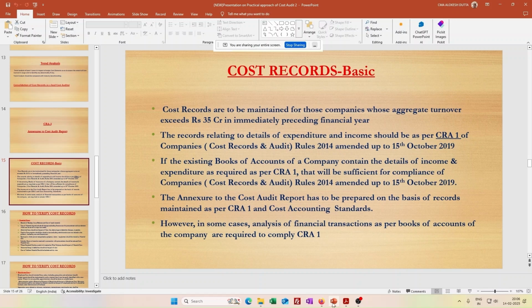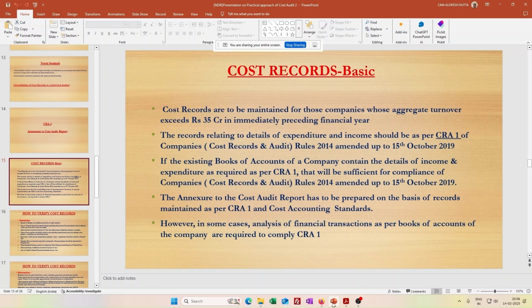One thing you must know: a company is not supposed to keep a separate set of cost records. Previously, when the cost audit was report based, record based, separate industries kept the records as per the cost accounting record rules.